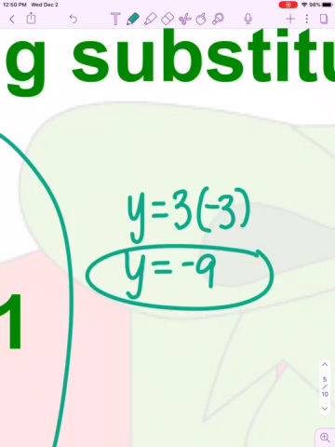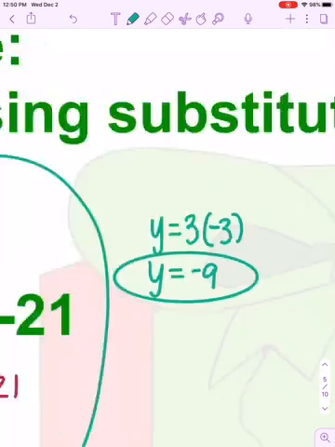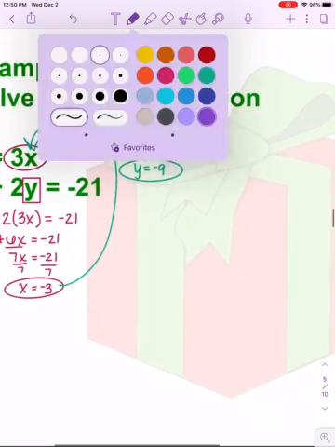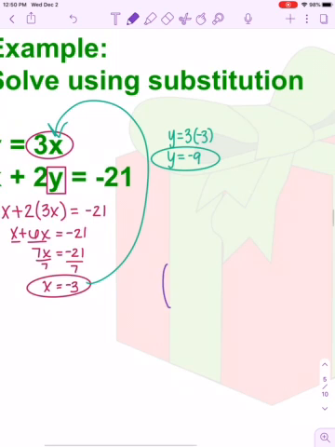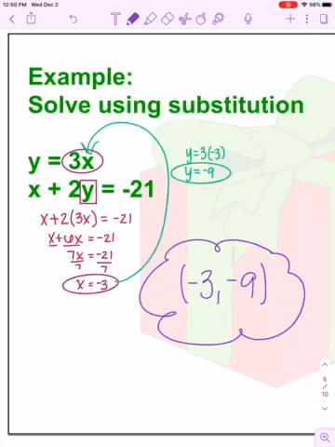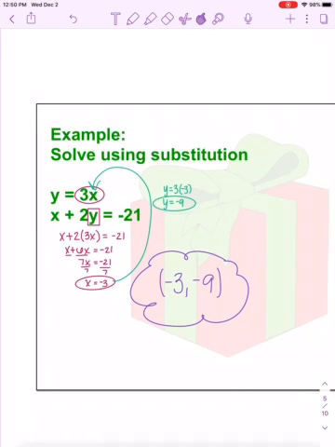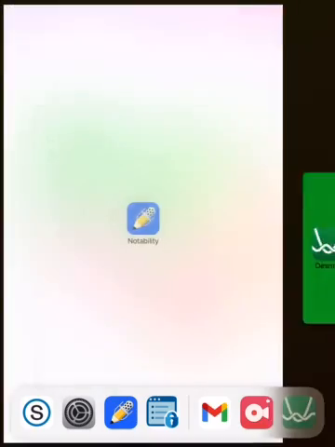So 3 times negative 3 is negative 9, and now I have an x and a y, which is what I need. So now I can write my ordered pair. My final answer is negative 3, negative 9, x and y. And there is the point where they intersect.